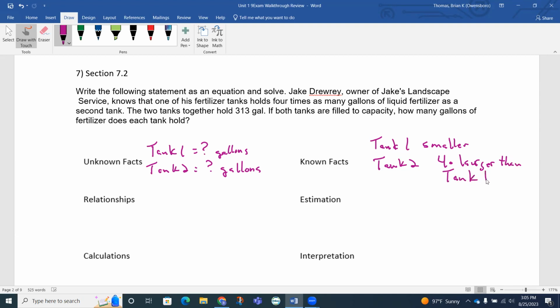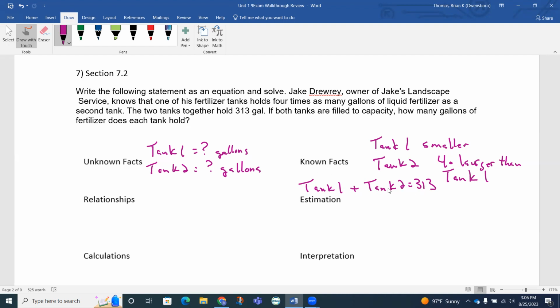And we know that together they hold 313 gallons. So what we're picking up on is tank 1 plus tank 2, altogether, they hold 313 gallons of liquid fertilizer.